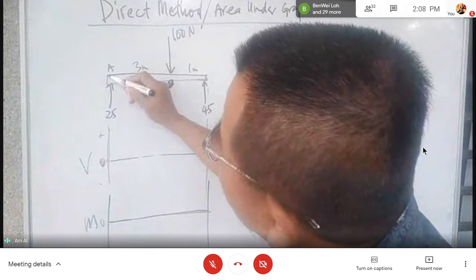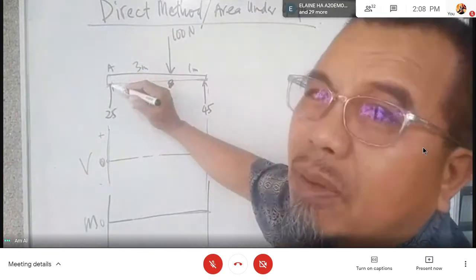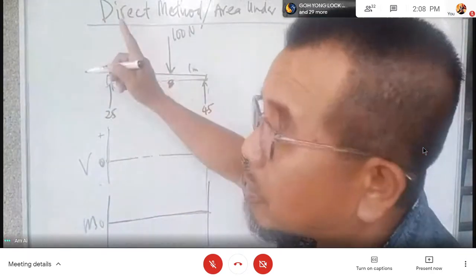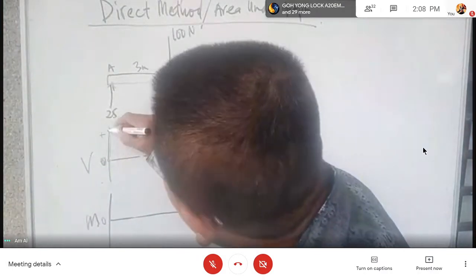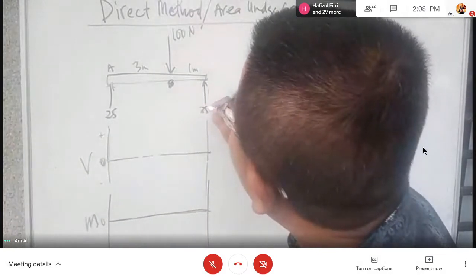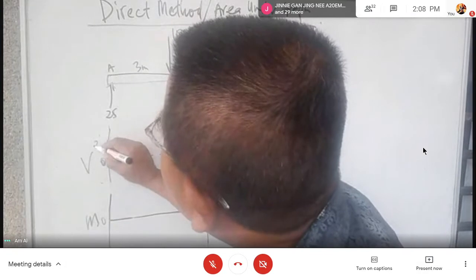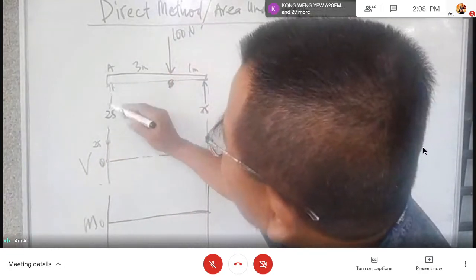When we see here at point A, there's a load up 25. Jump 25. So from 0, jump up 25. You are at 25 now.